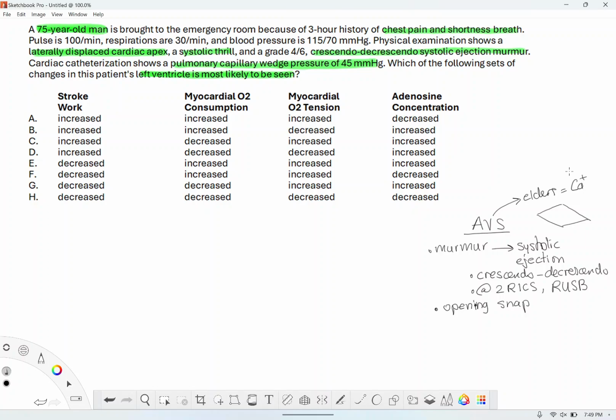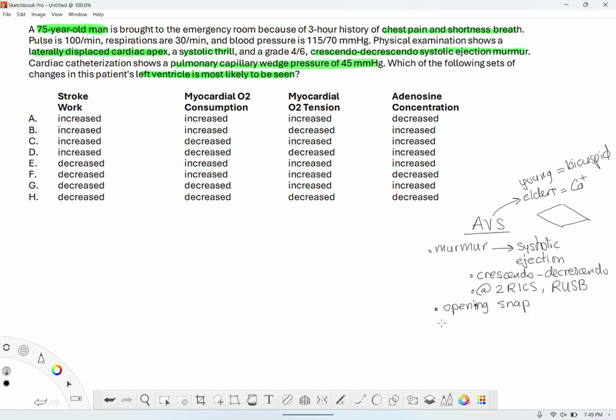I'll just put calcium. In young people, the number one cause is bicuspid aortic valve. This is a 75-year-old, so I'm going to think it's calcification. So the valve becomes very stiff, and initially when it opens it produces this sound. It's called the opening snap. So I'll be looking for that when it comes to aortic.